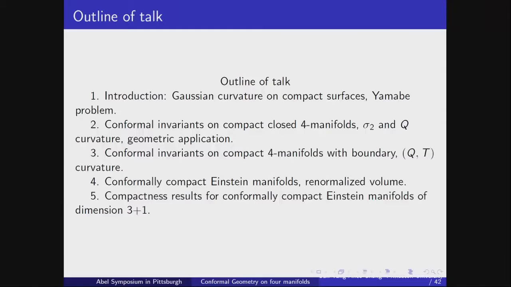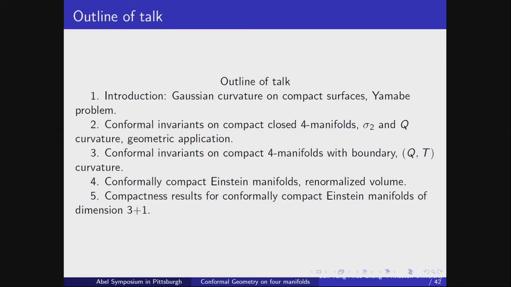So the outline of my talk is the following. First, I will say a little bit about what happens on 2 dimensions. In that case, there is the Gaussian curvature, and then there is also another curvature called scalar curvature, and that's related to a second-order partial differential equation.